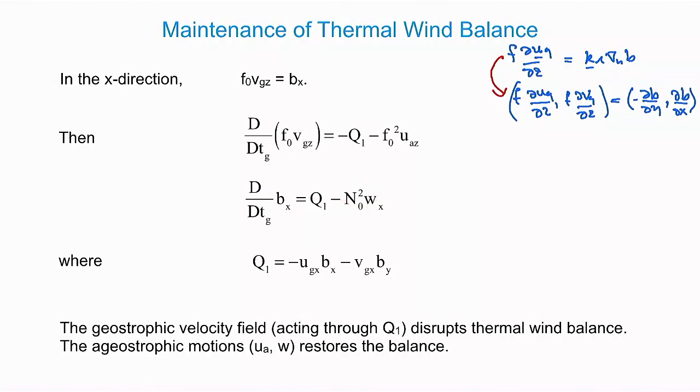And let me also say that my notation here is vgz is d by dz of vg. So that subscript z means differentiation with respect to z. That subscript x means differentiation with respect to x. Just makes things a little more compact.